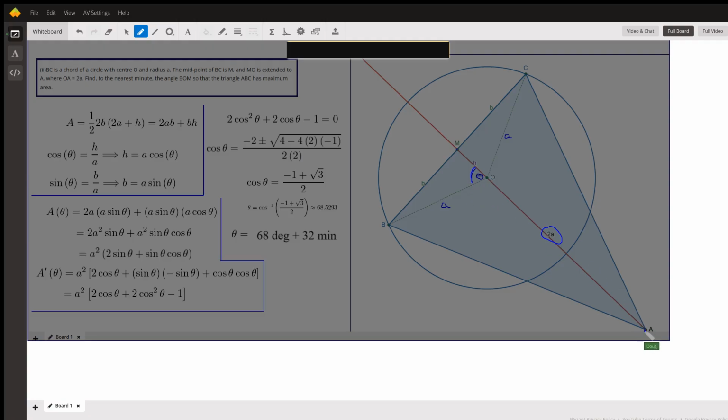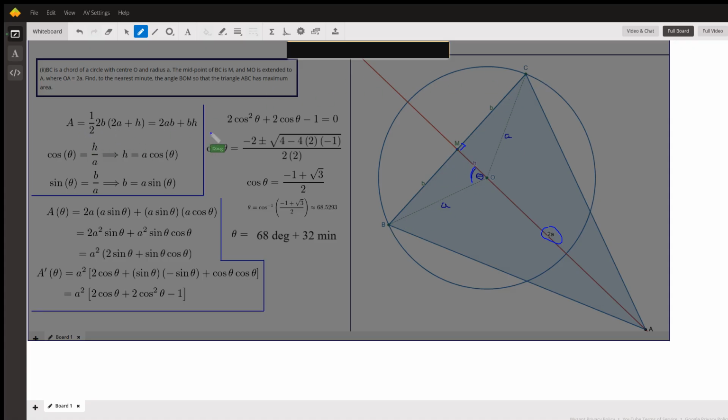Well, the area of the triangle, this of course is a right angle because radii passing through the midpoint of a chord are perpendicular to the chord. So AM is an altitude of that blue triangle, and the chord BC is a base.